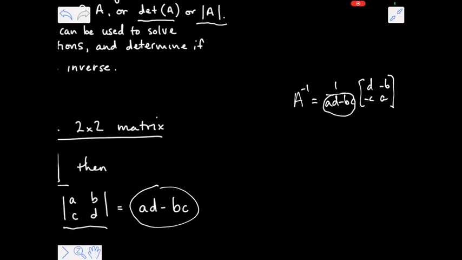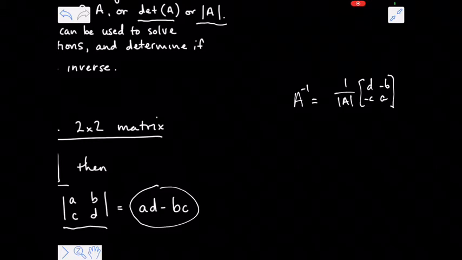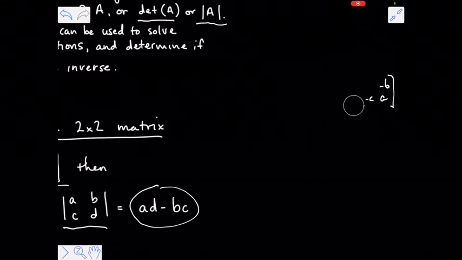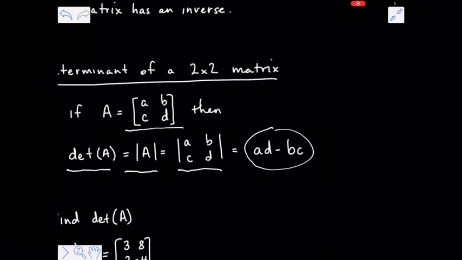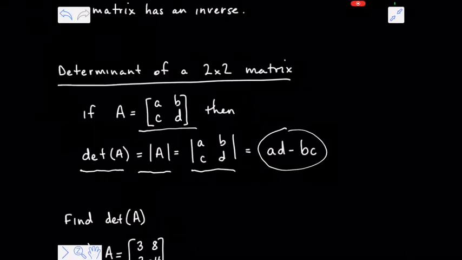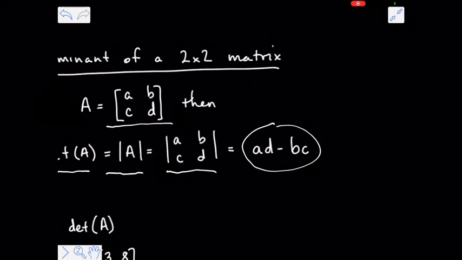But what I'm getting at here is that denominator is just the determinant of A. So some textbooks actually switch the order and do 6.4 determinants before inverses so that they can write the inverse formula as 1 over the determinant of A times that matrix. So anyway, that's where we've seen it before. A 2 by 2 matrix determinant is very easy and very quick to calculate.